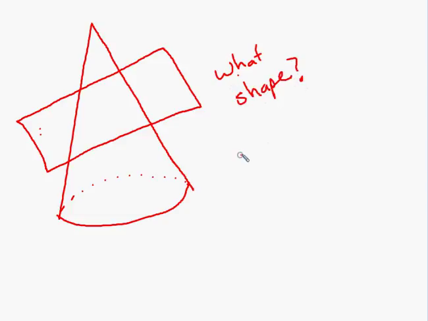It comes down to which way you slice it. If I did it perfectly horizontally, I would get a circle.